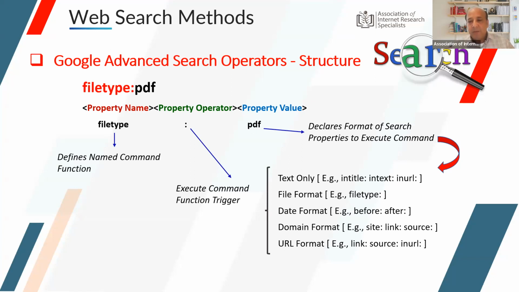It could be a word or number of words or a long search phrase; whatever comes after the colon can be textual in nature. Okay. In file type, it has to be a file format.